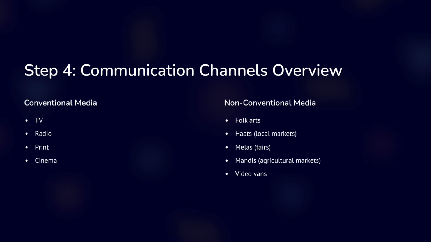This includes familiar channels like television, both satellite channels and local cable networks, radio, print media, cinema or theatre, and even word of mouth, which, though traditional in essence, is often discussed alongside conventional reach.